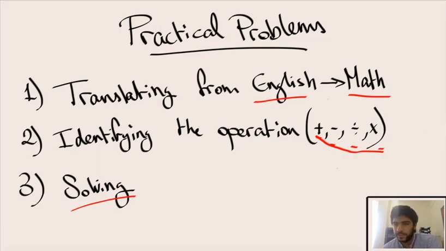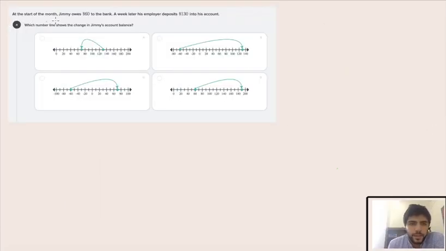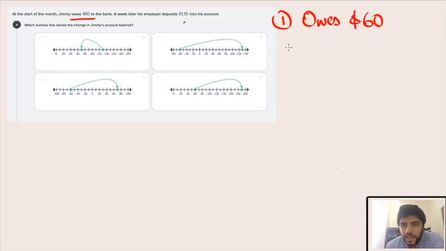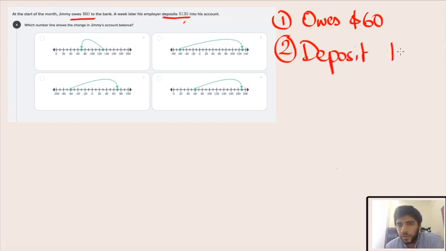So let's get started. At the start of the month, Jimmy owes $60 to the bank. A week later, his employer deposits $130 into his account. So first, you know that Jimmy owes $60. And then second, we know that his employer deposits $130.